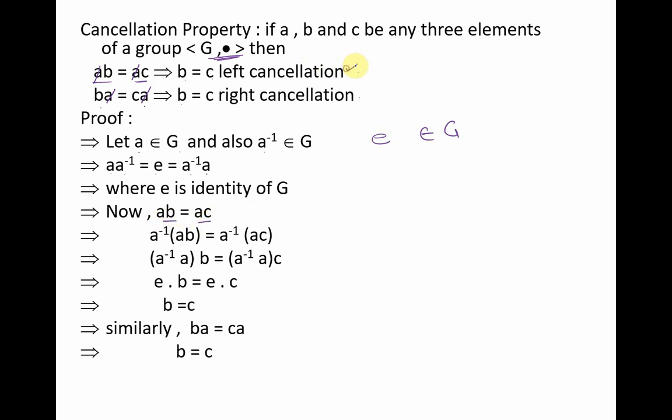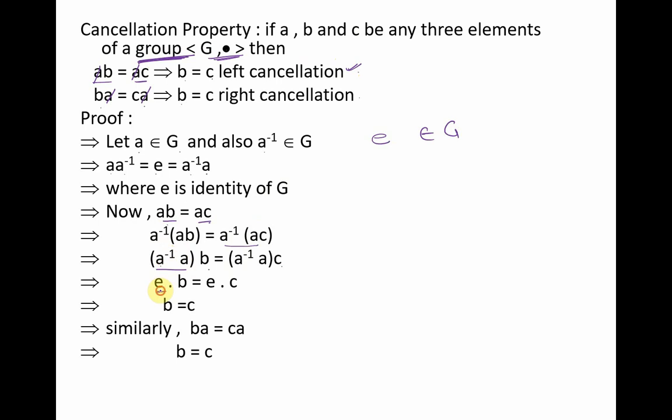Let's take the left cancellation property first. AB is equal to AC. So I can operate both sides on the left hand side by A inverse and it will not make any difference. This once again is a group, so this is associative. So I can write A inverse A B is equal to A inverse A C. Now A inverse A is equal to E by the definition of inverse element.